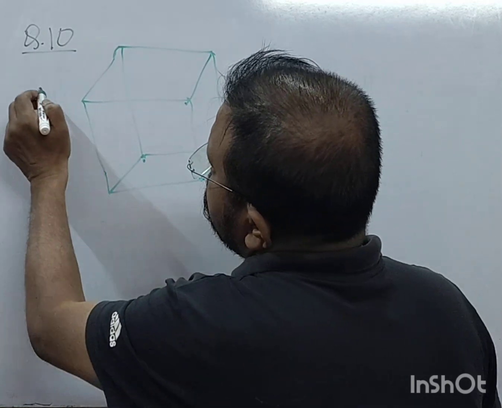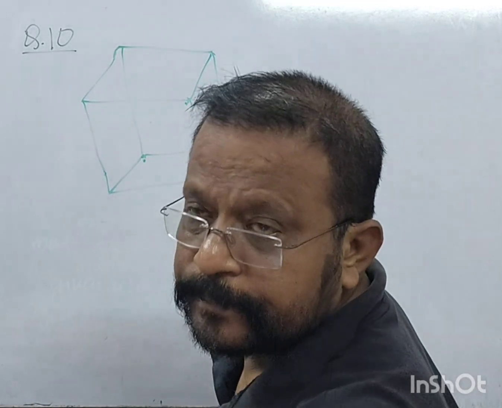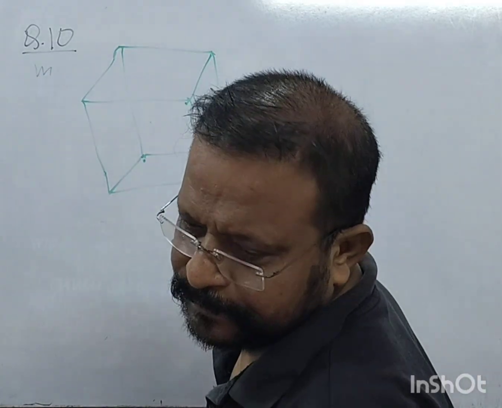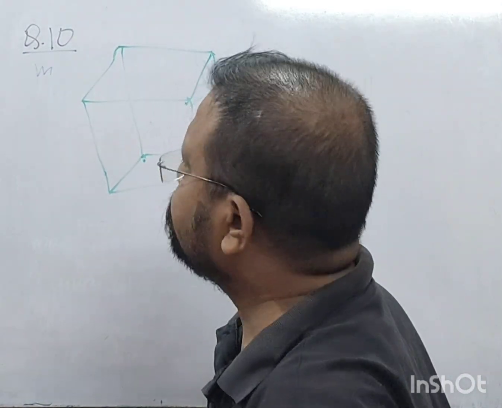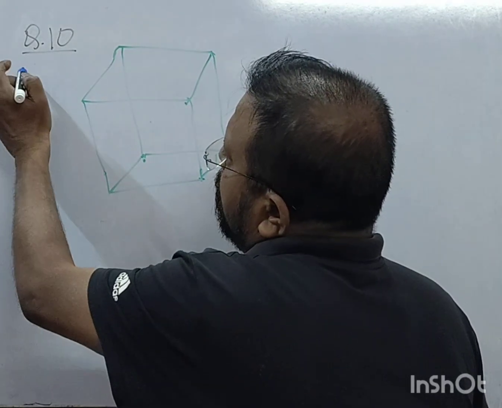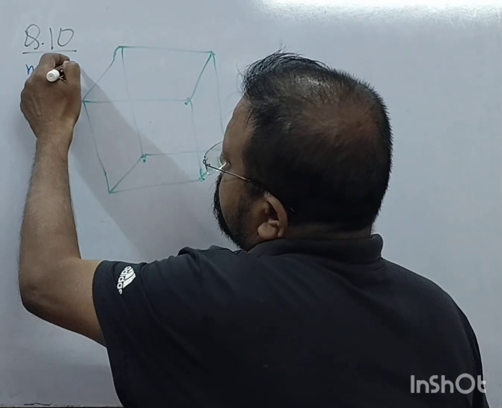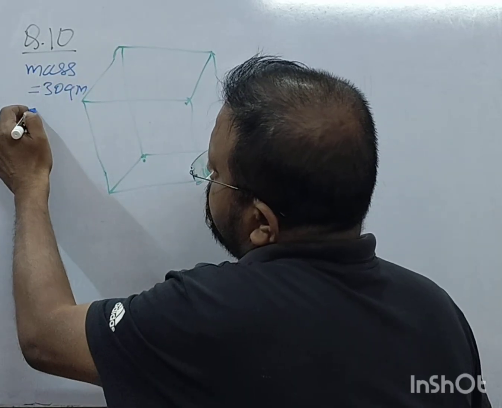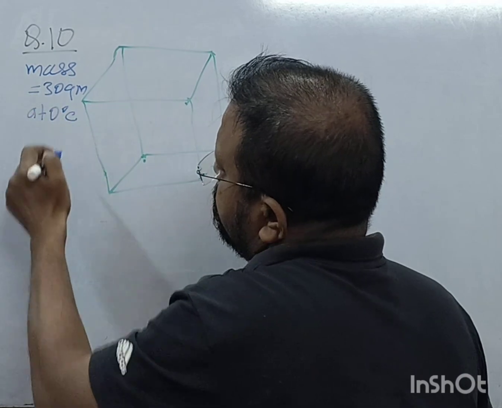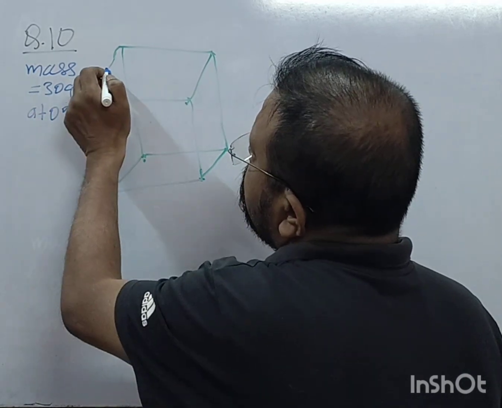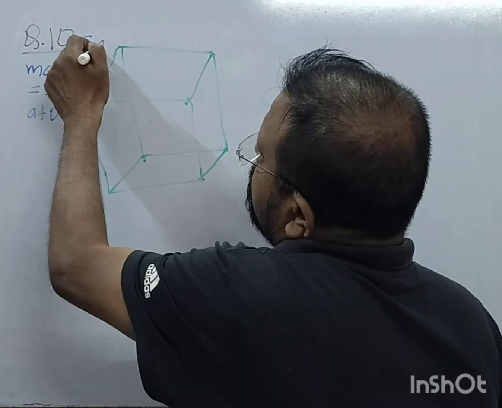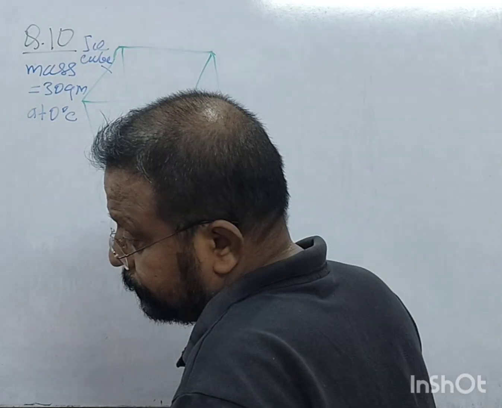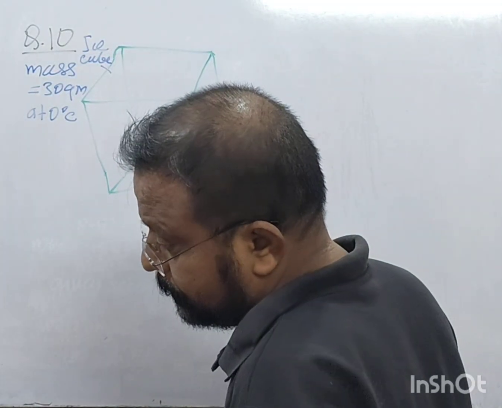This is the cube of ice, and the mass is 30 gram, at 0 degree Celsius. Then add 200 gram of water at 30 degrees Celsius.